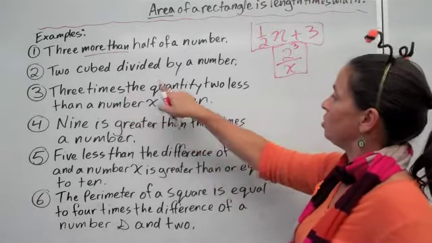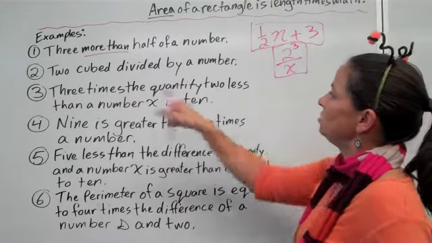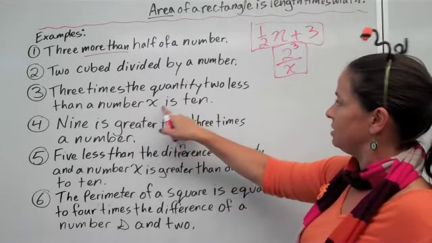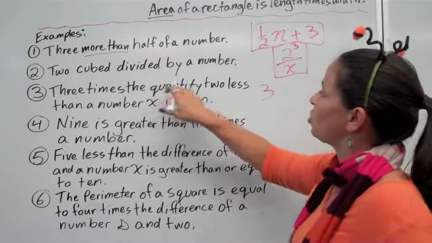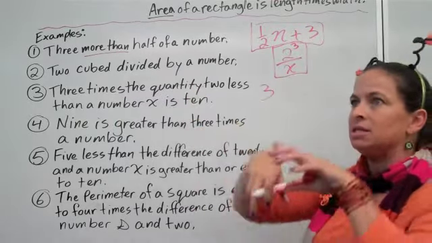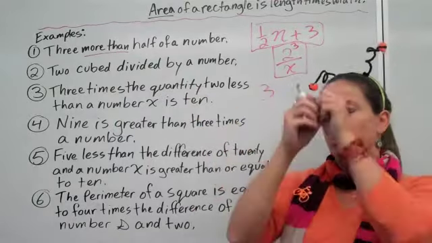All right, number 3. 3 times the quantity 2 less than a number x is 10. So I hear 3 times, so we're going to do 3 times something. Now I'm also hearing the quantity. That means the answer to whatever this is going to be. So 3 is being multiplied by the quantity 2 less than a number. So we need to figure out what is 2 less than a number x.